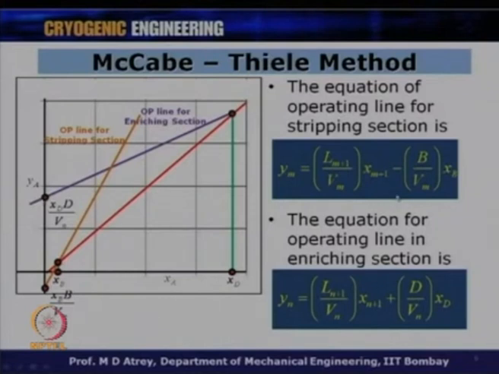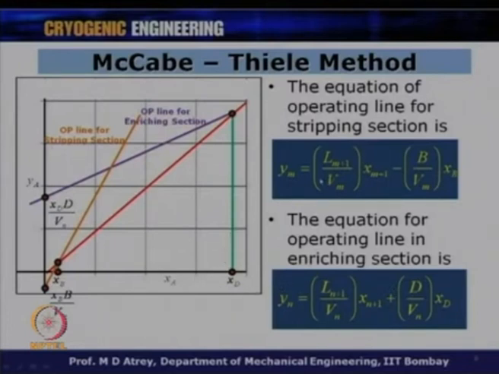For example, for the operating line for the enriching section, we got D by Vn into xD as the y intercept, and therefore, we know this point and we know this point also. Joining these 2 points, one can draw the operating line for the enriching section once we know its equation.